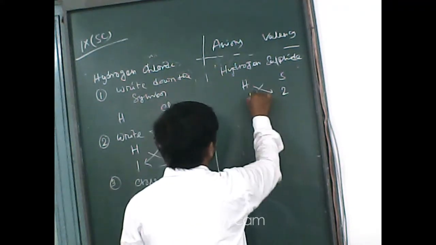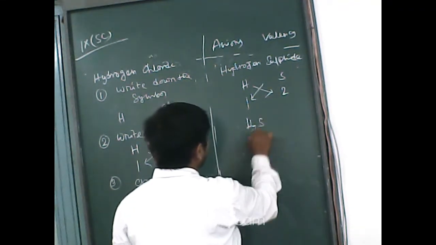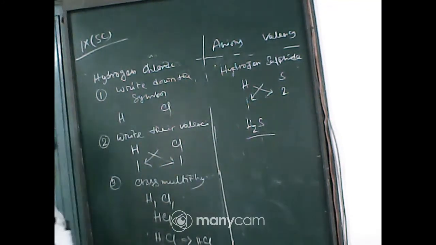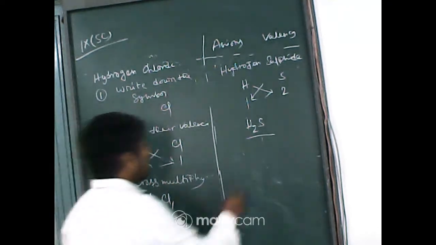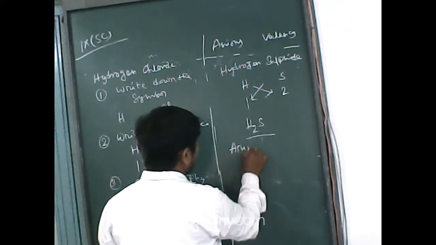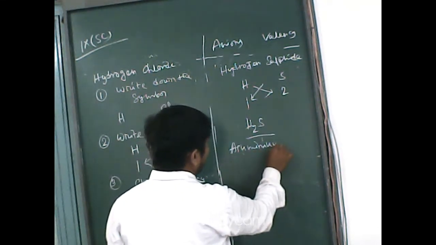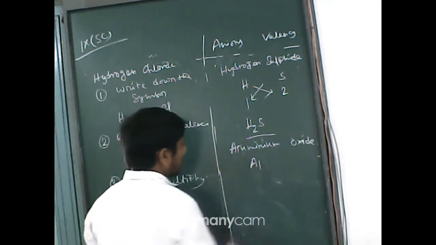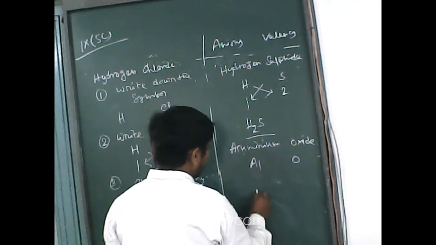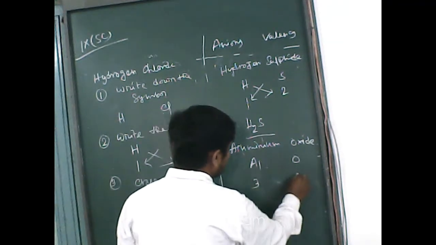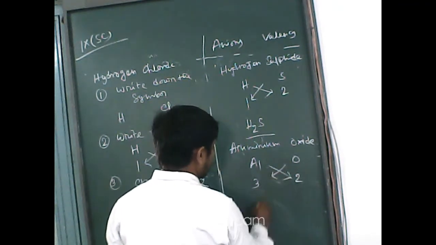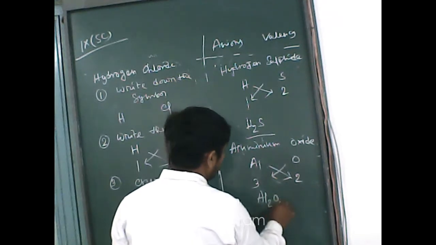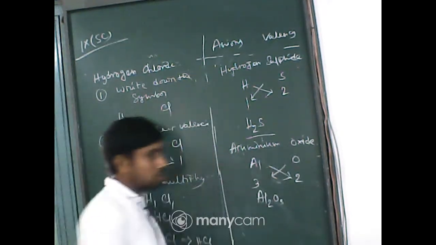Then cross multiply, it will give H2S. Again, then aluminium oxide. First the symbols, aluminium valency is 3, oxygen is 2. Cross multiply, we will get Al2O3.